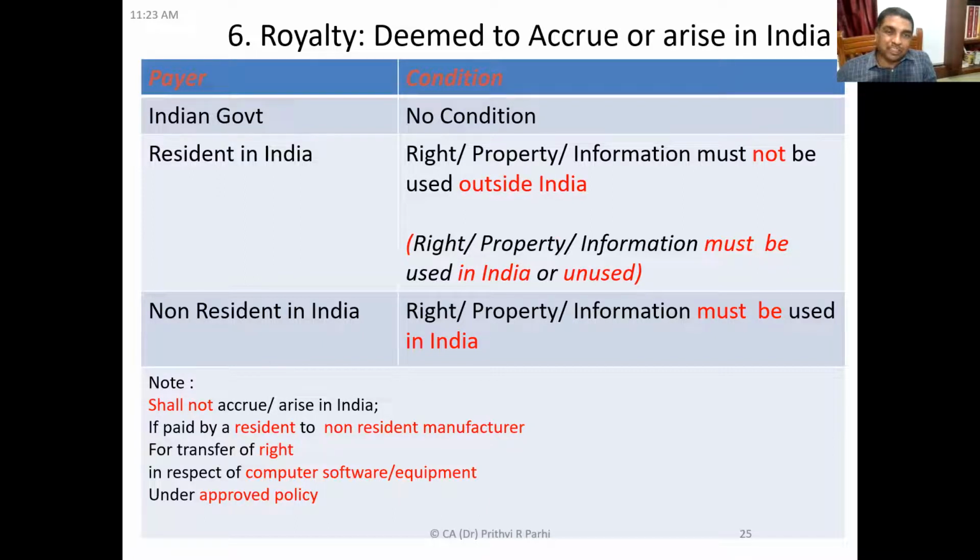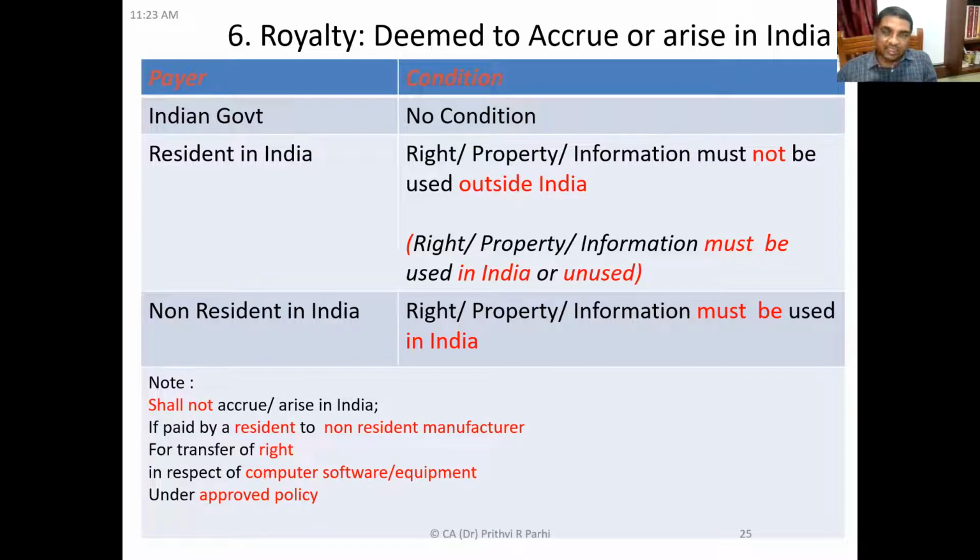Or if the payer is a non-resident in India, then you have to see that the right, property, or information must be used in India. Then only it will be deemed to accrue or arise. Understood this? Yes, sir.